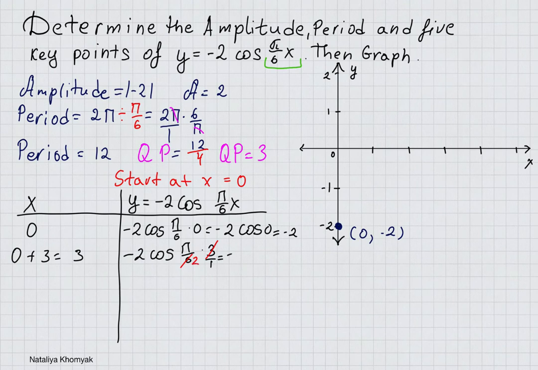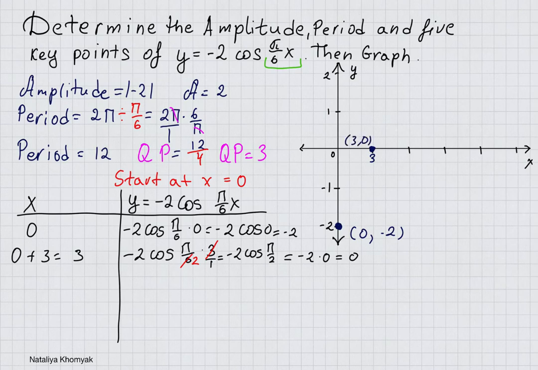So we get -2 times cosine of pi over 2. Cosine of pi over 2 is 0. So this is -2 times 0, which is equal to 0. The next point is when x is equal to 3, y is 0. So our point is 3, 0.